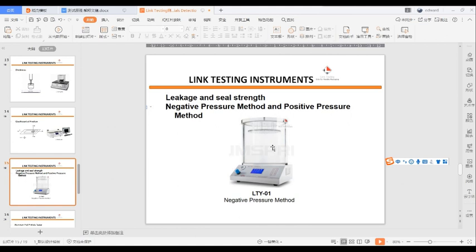If you want data, you must use the positive pressure method machine. We have the positive pressure machine, but I'm sorry, I didn't put it on this page. If you get any requirements from your customers about the positive method leak tester, you can ask me. I will send you our detailed catalog and give a detailed introduction to your customers.